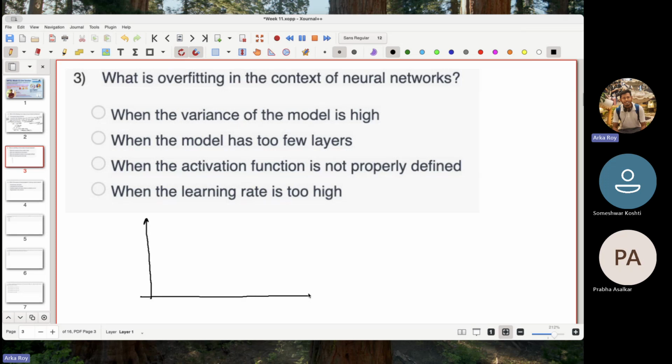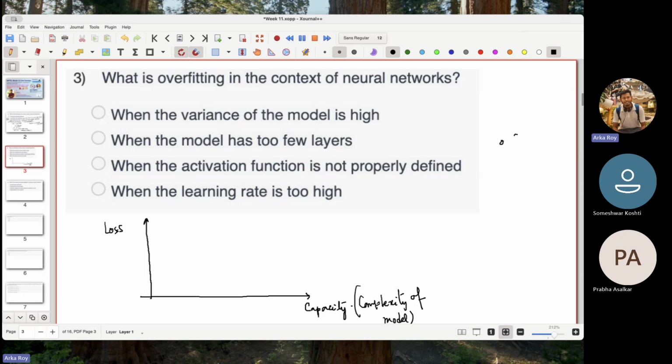On the x-axis, you describe the capacity of the model, also commonly called the complexity of the model, and on the y-axis, let's say you took loss as a performance measure. Let's say it is a regression task.